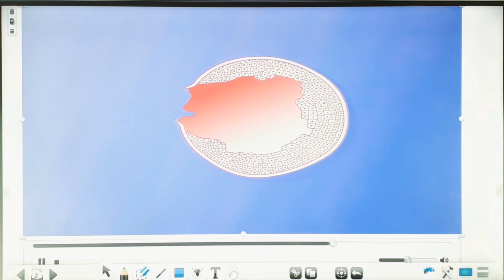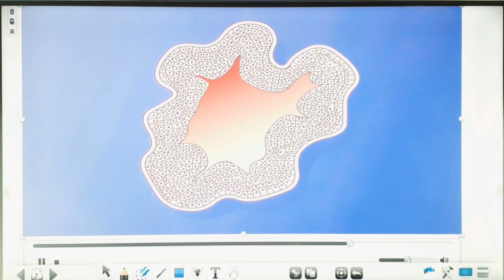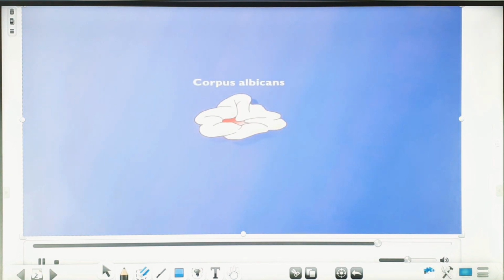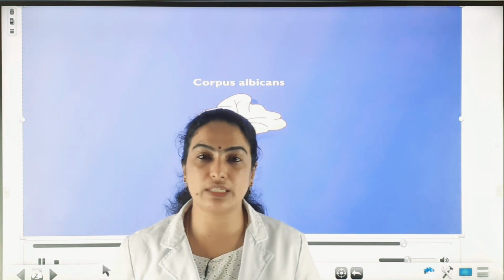And the remaining part of the ruptured Graafian follicle forms a yellow body which is known as corpus luteum. Corpus luteum starts to degenerate to form corpus albicans. Now you got the idea about the formation of corpus luteum.